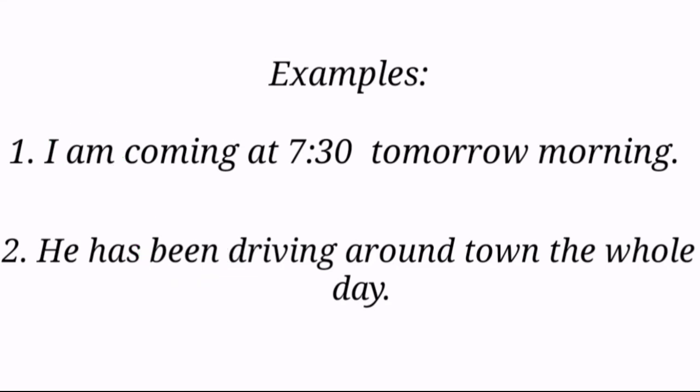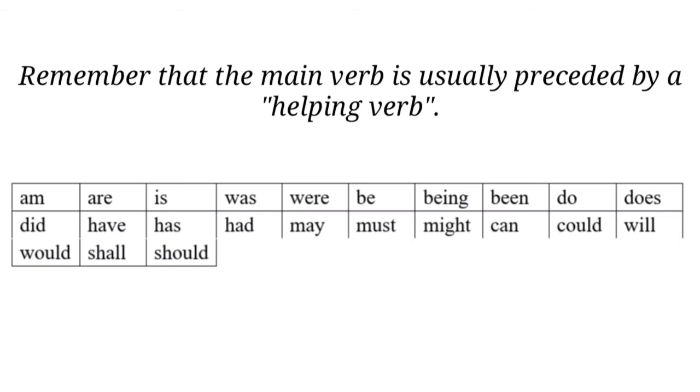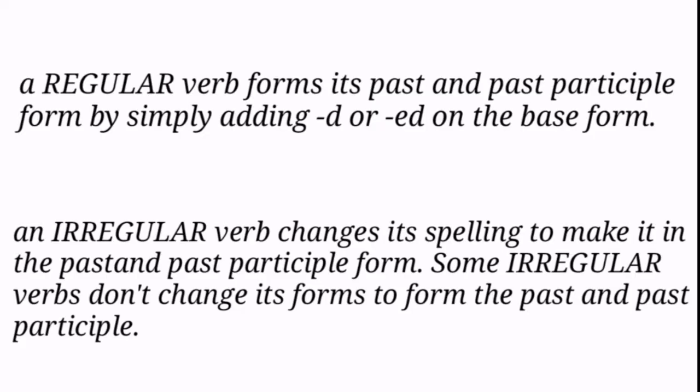Okay, remember that the main verb is usually preceded by a helping verb, like am, are, is, was, were, be, being, been, do, does, did, have, has, had, may, must, might, can, could, will, would, shall, and should.